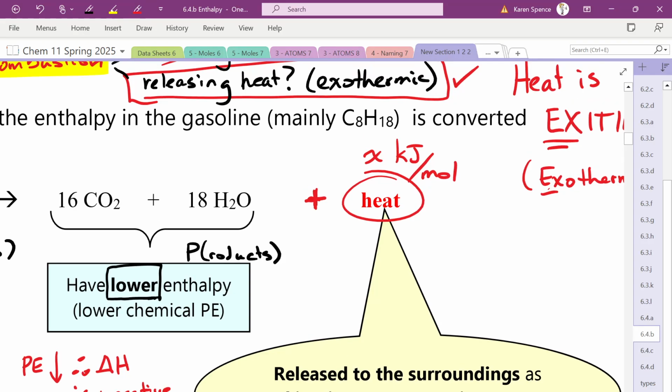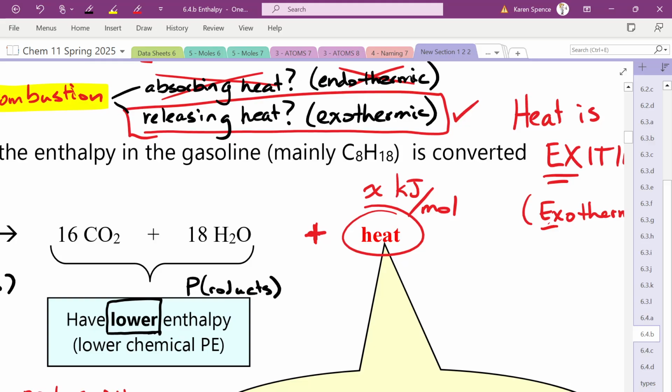Let's just say that this value here was, I don't know, let's say it was 31. Let's just pretend. 31 kilojoules per mole. That's our heat term. Delta H, remember delta H was negative, yes?